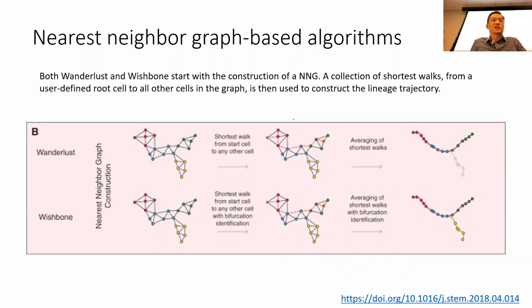Another method, which is slightly different from a minimum spanning tree, is adopted by the packages Wishbone and Wanderlust. They use a nearest neighbor graph, basically the KNN network between cells. Once you have this network, you capture the local similarity between cells, because you move along this network.